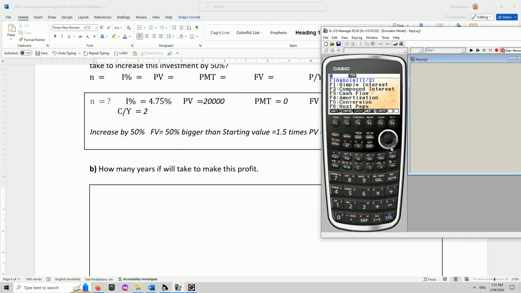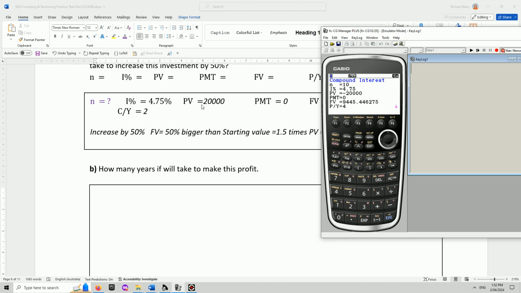So into finance. Can I just take a minute and delete all the screens? Okay. F2 for finance. N is what I'm looking for. So I'm just going to leave it as whatever it is now. I don't want to put a 0 there, or else the computer will get upset. 4.75. Cool. PV. I'm starting with the investment of $20,000.